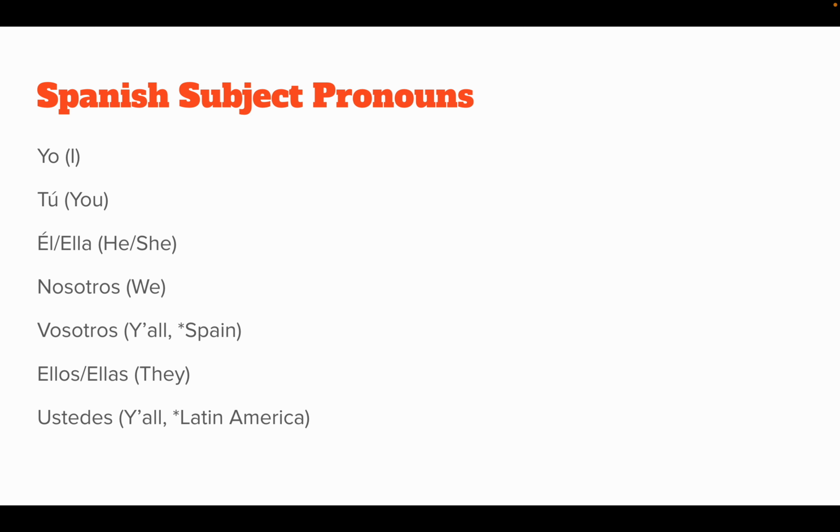And then the conjugation for ustedes is actually just the same as the ellos and ellas conjugation. So it's the third person plural, and we'll go over how you conjugate the third person plural later in this series.